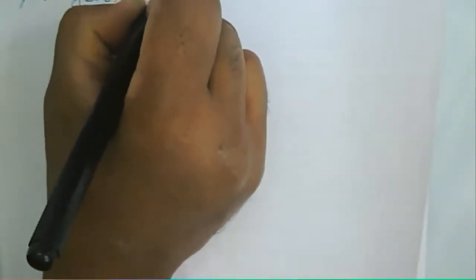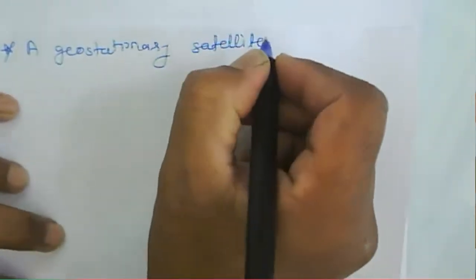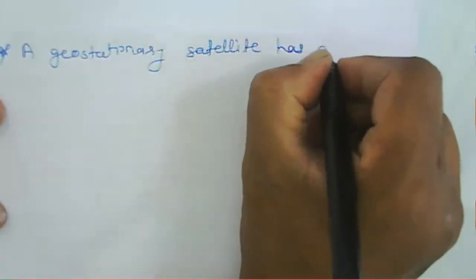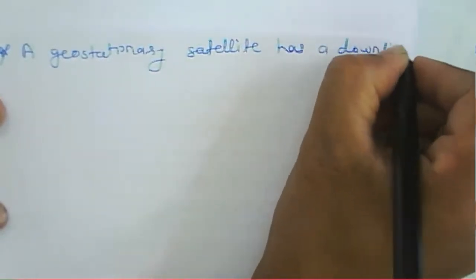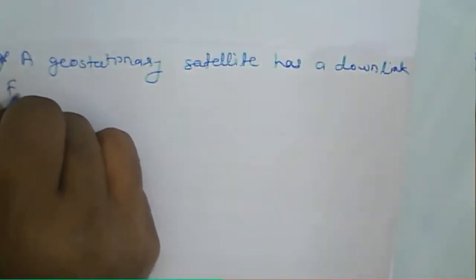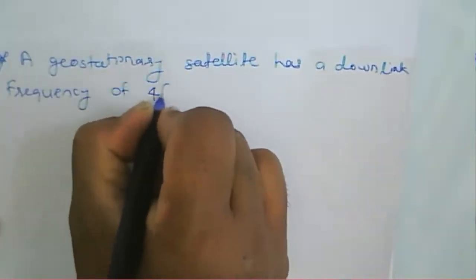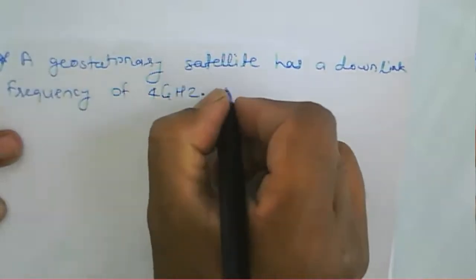Then we can consider another example here. A geostationary satellite has a downlink frequency of 4 gigahertz.